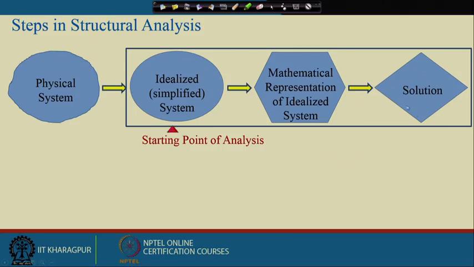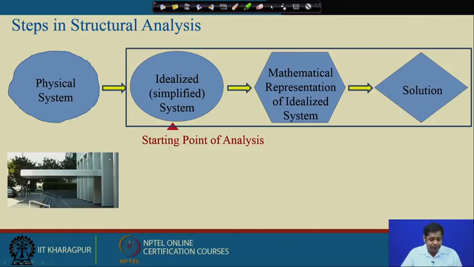Okay. Now, this is the starting point of any analysis. The truss, the frame, the beam that I showed in the previous slide are all idealized systems, not the actual system. Now, let me give you an example. Take a physical system. This is a cantilever slab at the front gate of a structure.